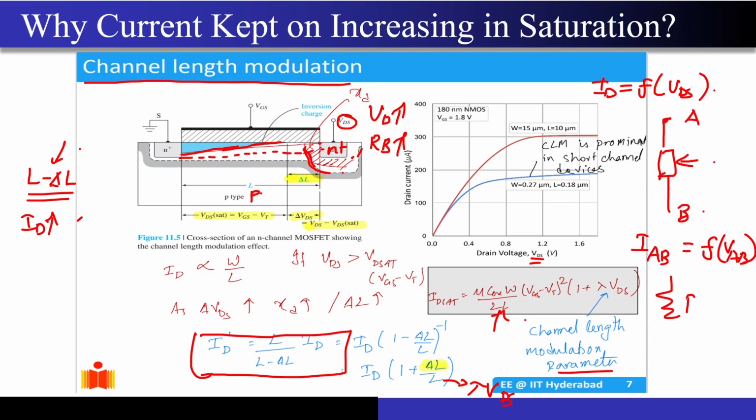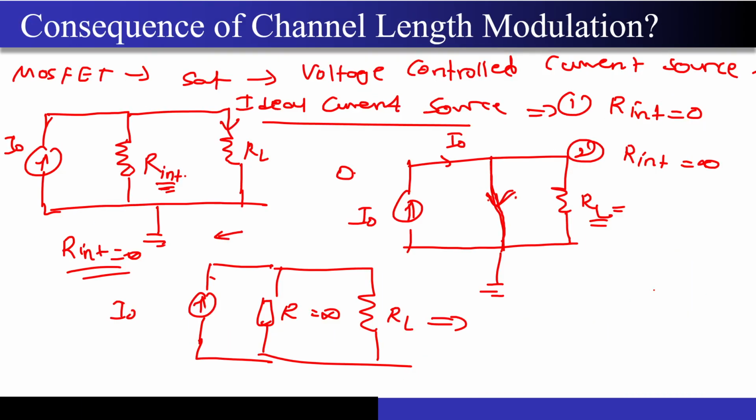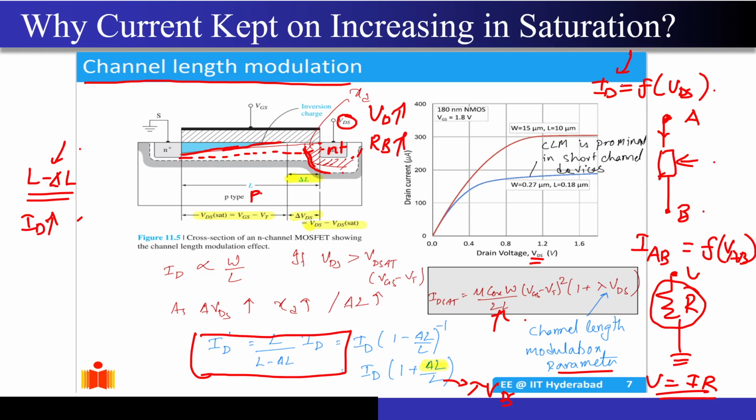So Ohm's law, a very simple Ohm's law. V is equal to IR, correct? So what does this mean? If the voltage between the two terminals of the device is producing a current between the same two terminals, then that has the characteristics of a resistor, correct? Now if you look at this particular equation, ID is a function of VDS.